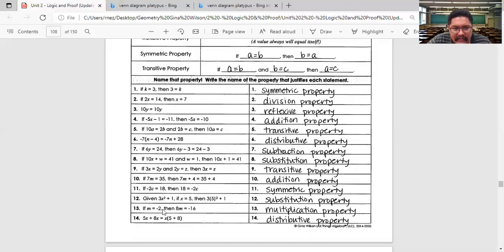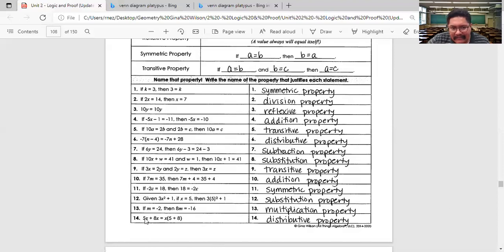Multiplication. So here, it looks like what's going on from here to here. Well, it looks like we just multiplied both sides, right? So we use multiplication property on both sides. And from here, now this one's a little bit confusing because it is actually backwards from the way you would think about it.